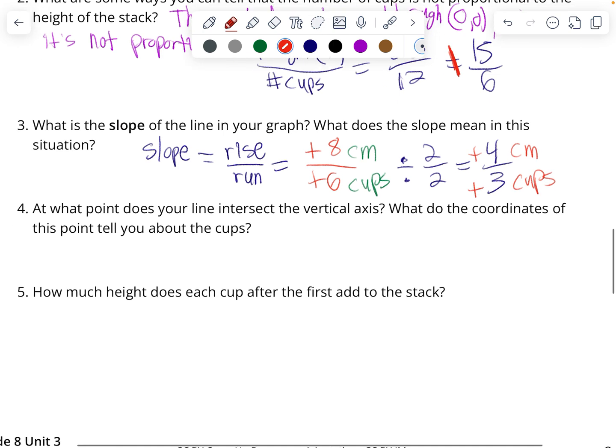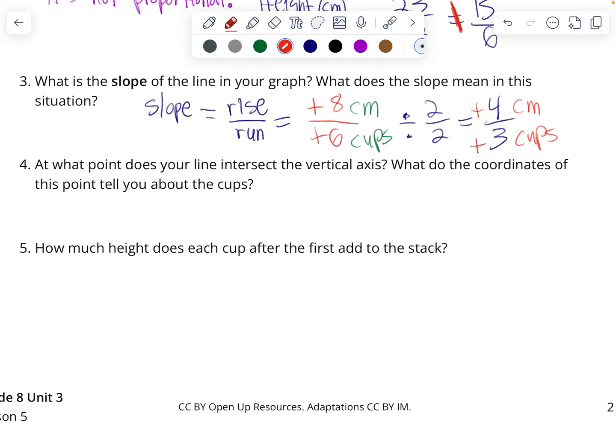Okay, got 2 last questions here. Number 4, at what point does your line intersect the vertical axis? That means your y-axis. What do the coordinates at this point tell you about the cups? We kind of talked about that. We've talked about the point 0, 7. So that's touching the y-axis.